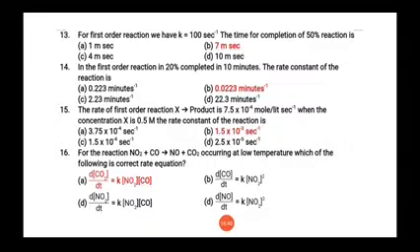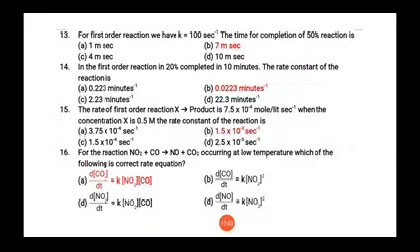So that is 0.00693 seconds. So you can say that it is about 7 milliseconds, because it is in 10 raised to minus 3 power.